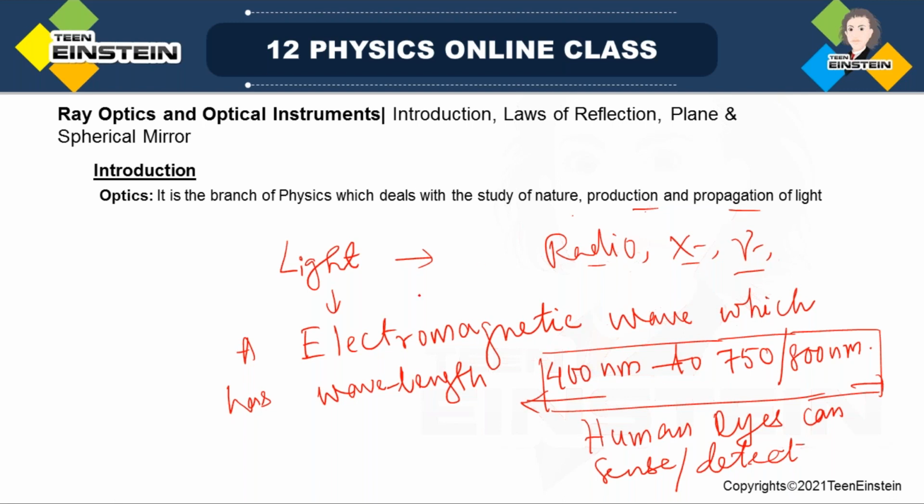And light is such an important factor that without light nothing can be predictable, nothing can be visible, and without vision there is no interpretation to the world itself. We cannot say anything about the world. So we are lucky to have eyes which can detect a nice spectrum of light, like colors.